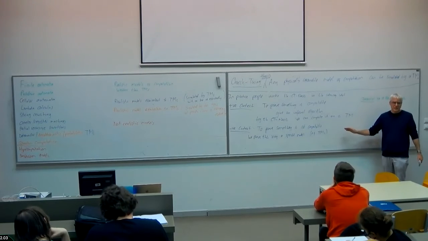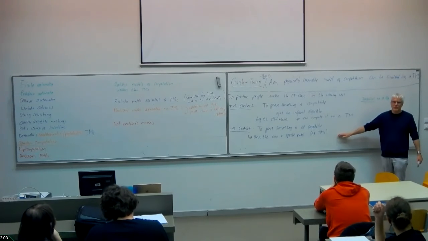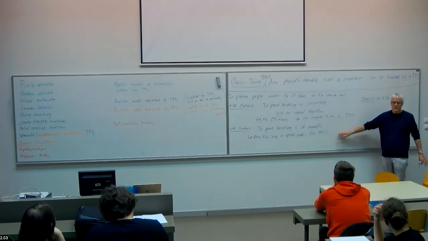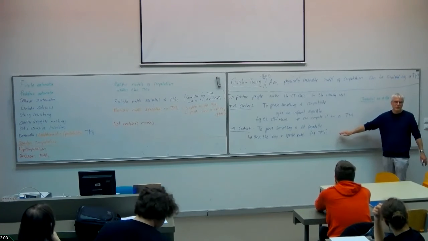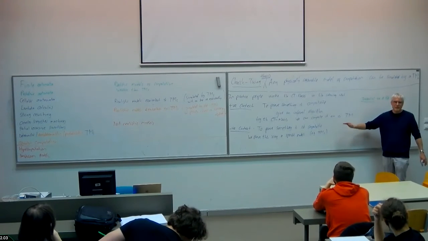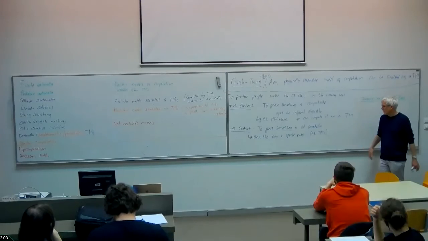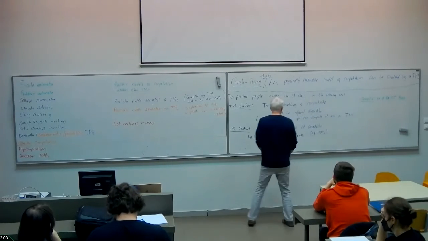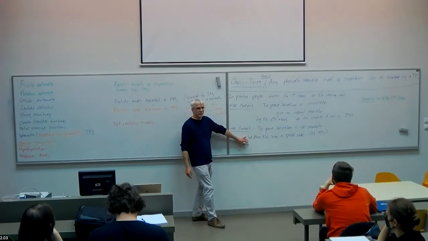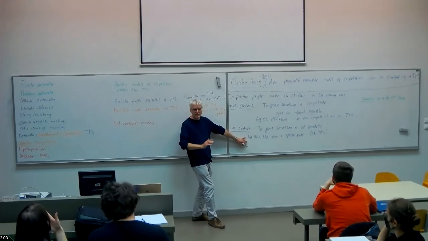But we want to understand something more general from this. We don't want to just know there is no Turing machine that solves this problem. We believe that this non-computability has a deeper, more general meaning, which is that there is no algorithm. However we understand algorithm, there is no algorithm that solves this problem.